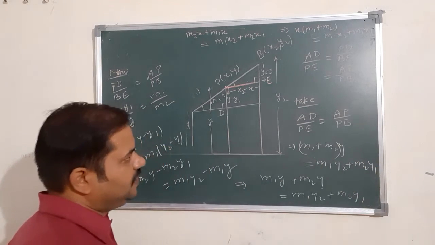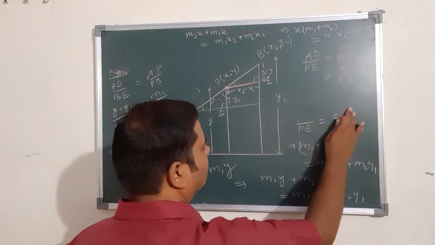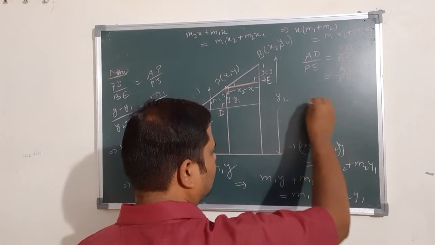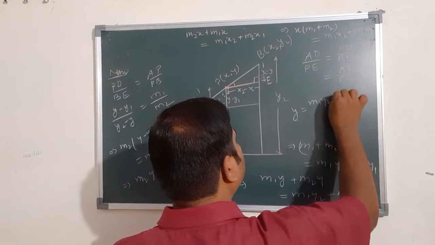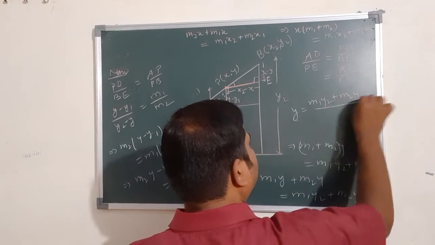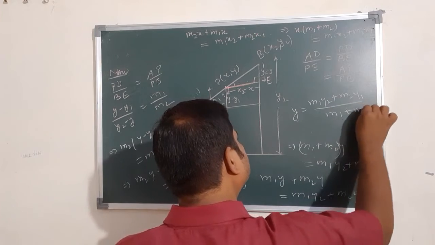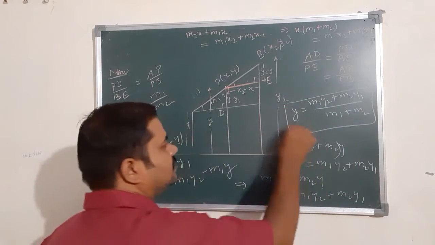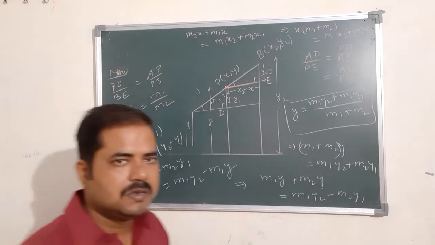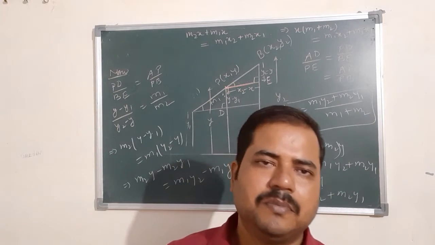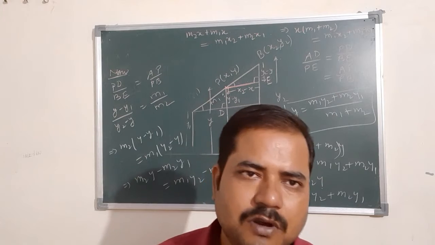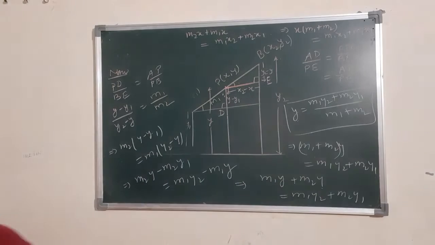So if we solve it, we will get the answer y is equal to m1 y2 plus m2 y1 divided by m1 plus m2. So this is the result. In this manner we have to complete our section formula, and now some applications of this section formula. So let us note it down.